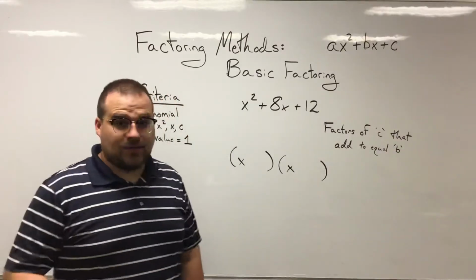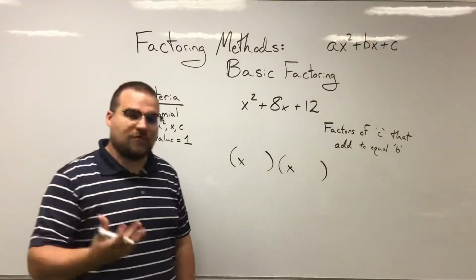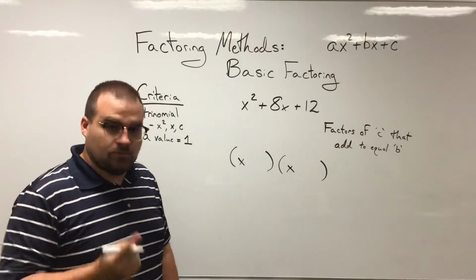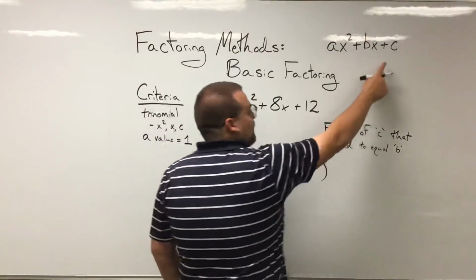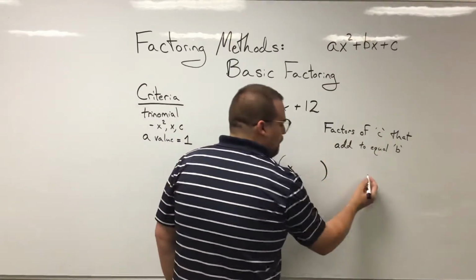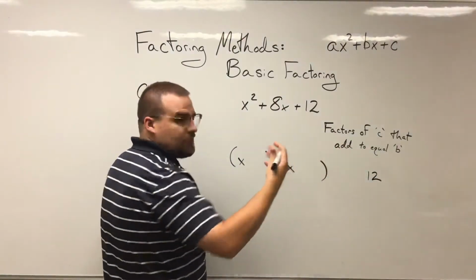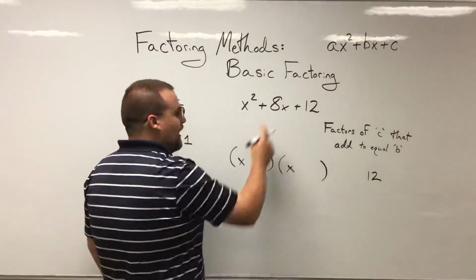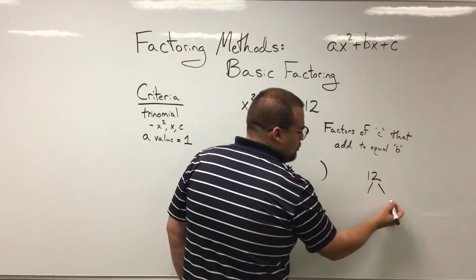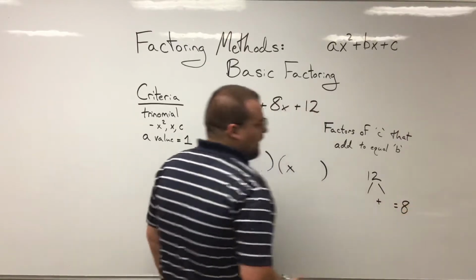Like I said at the beginning of the video, we're going to be referring to a, b, and c quite a lot whenever we factor. What is our c value here? 12, right? It's our constant at the end of the polynomial. So factors of 12 that add to equal b. What's b in this polynomial? 8. So we need factors of 12, and those two factors need to add to equal 8.